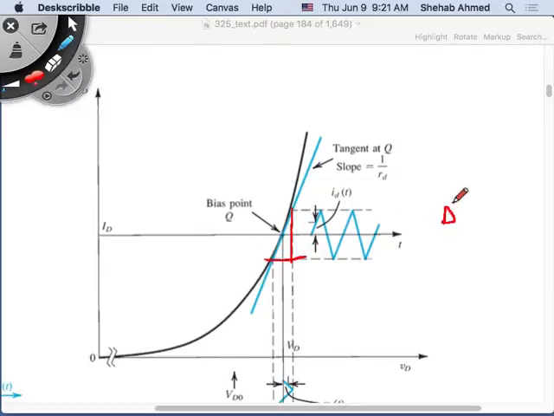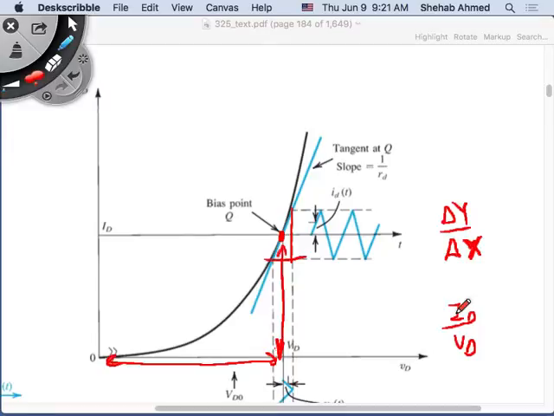Delta y over delta x is the slope of any line. Delta y is current, which is ID minus 0, and my delta x is VD minus 0, so it's basically ID over VD. That's the ratio that we had in that equation.